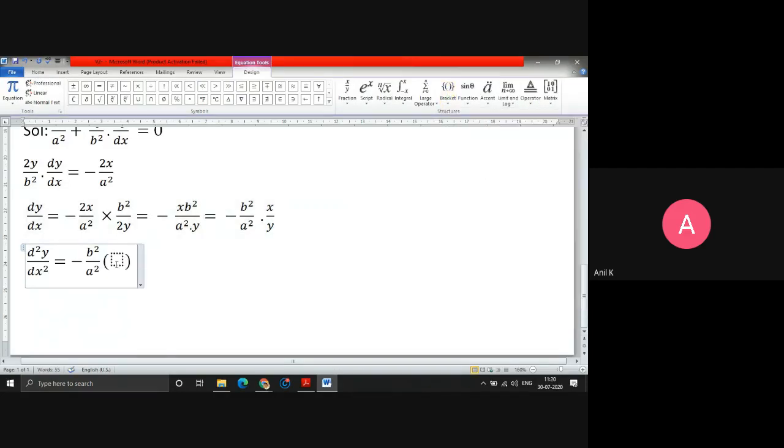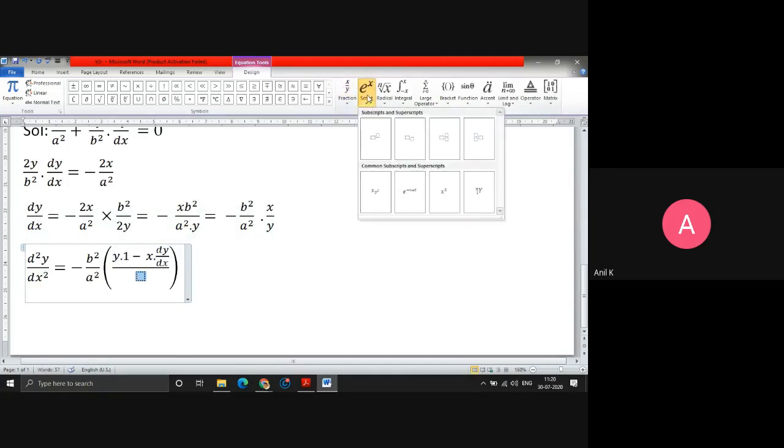You have to differentiate x upon y, so I have to apply the u upon v formula. What is the u upon v formula? v into derivative of u minus u into derivative of v. What is the derivative of v? It is dy by dx, upon v square. v square means y square will come.